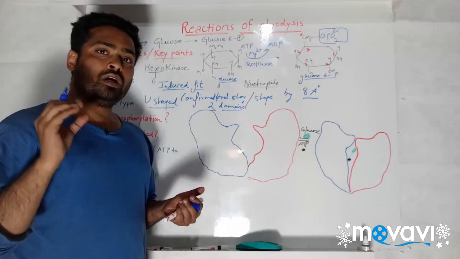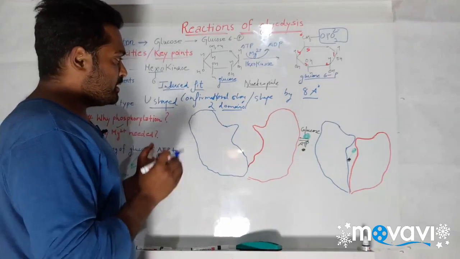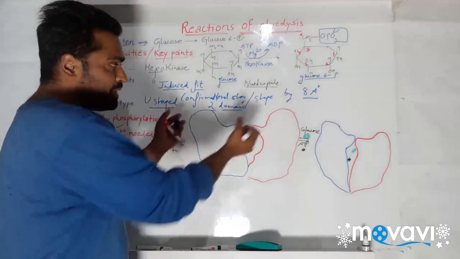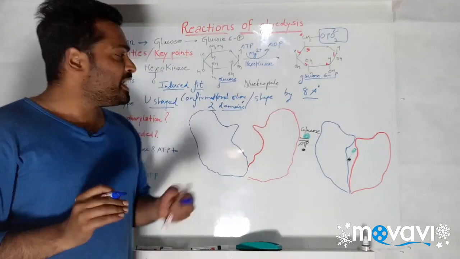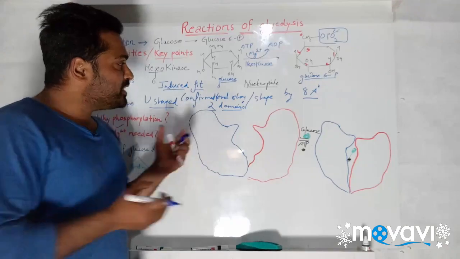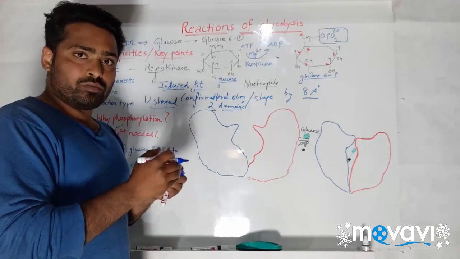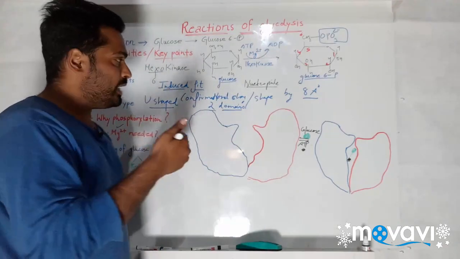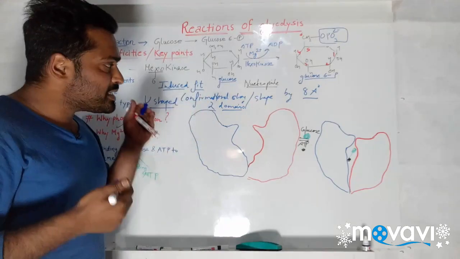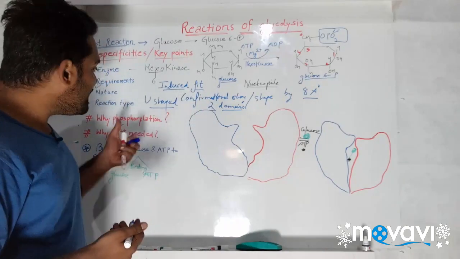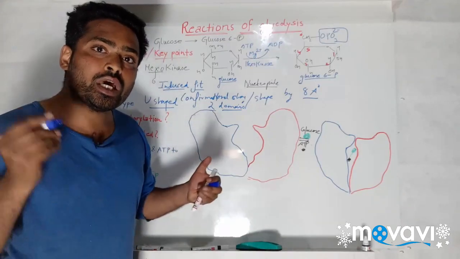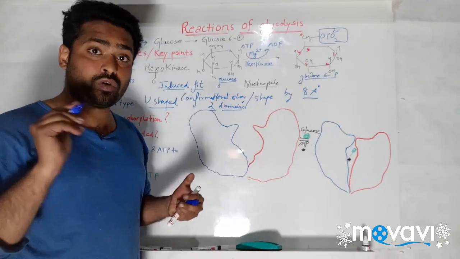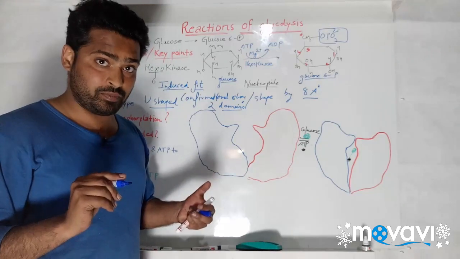So binding of the ATP molecule results in bringing these two domains closer by 8 angstrom. This movement of 8 angstrom results in bringing the glucose molecule closer to ATP, which is also bound to the enzyme.